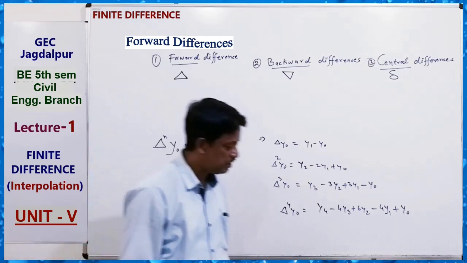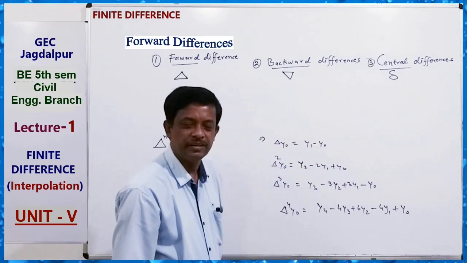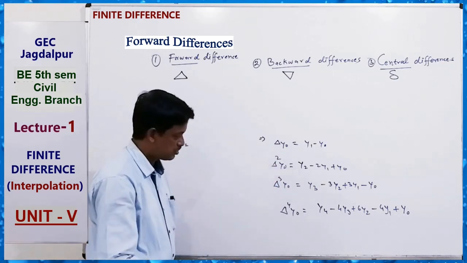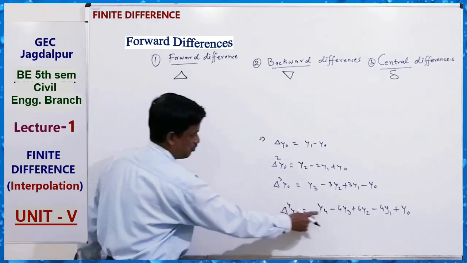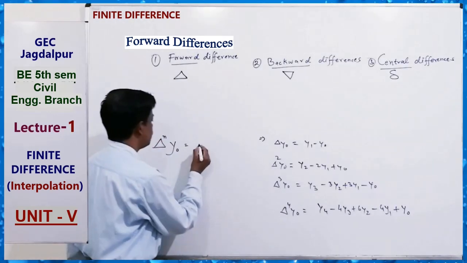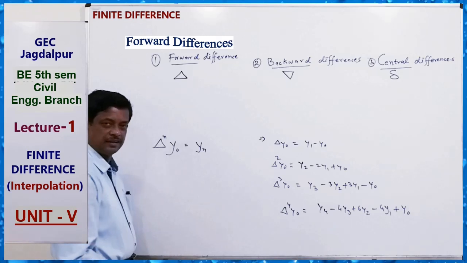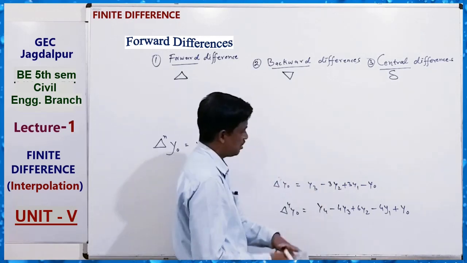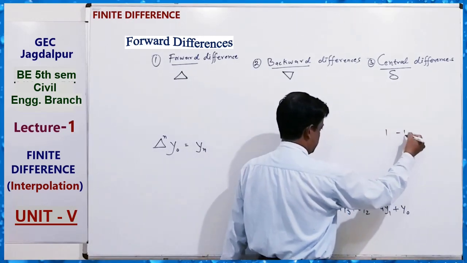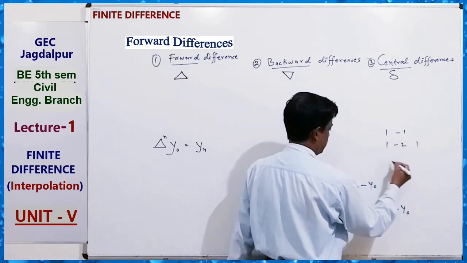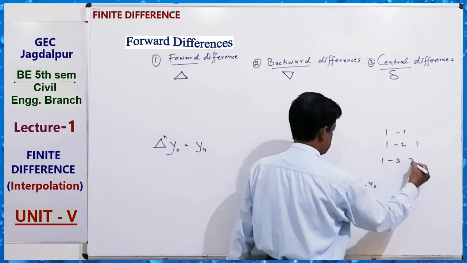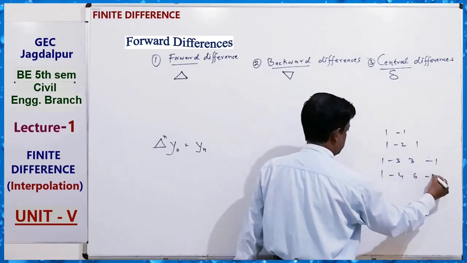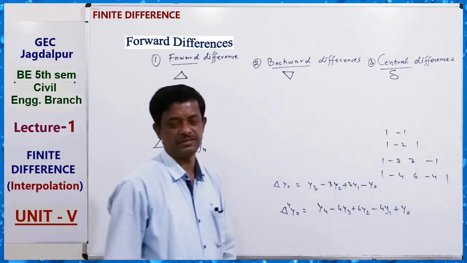For the fourth, third, second and first differences, the coefficients are: 1, −1; then 1, −2, 1; then 1, −3, 3, −1; then 1, −4, 6, −4, 1. These are the binomial coefficients.